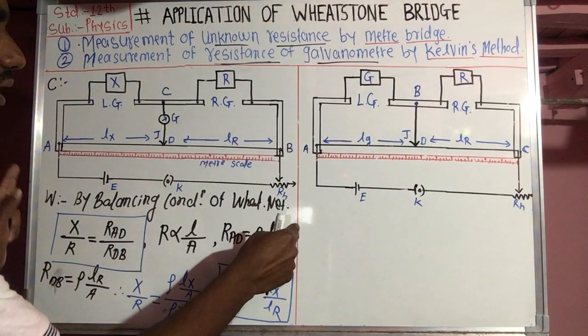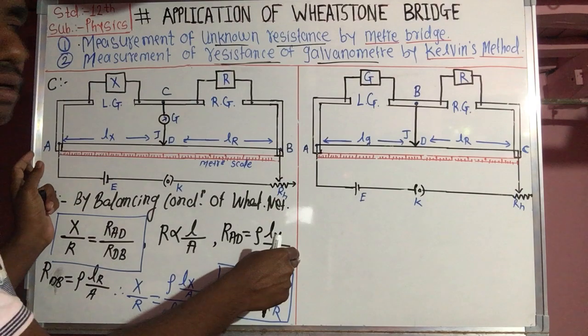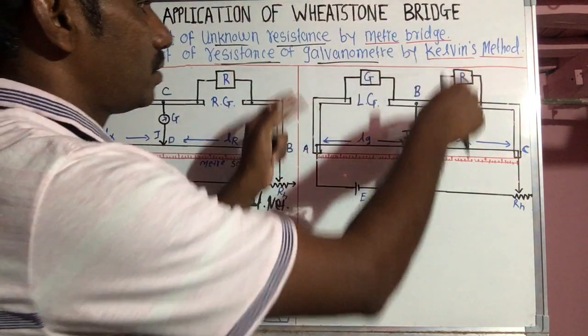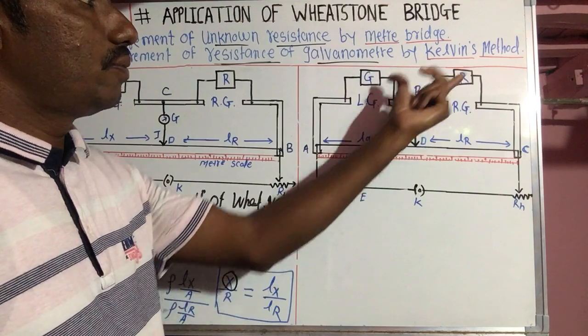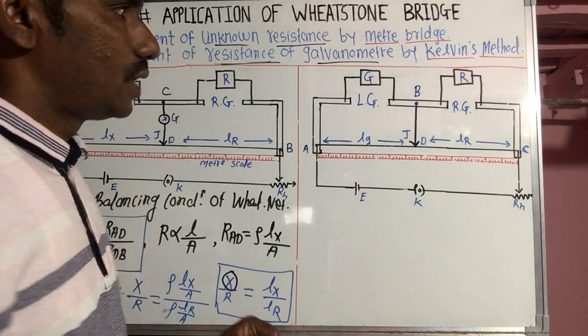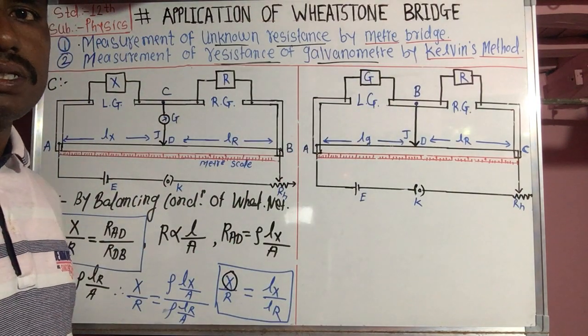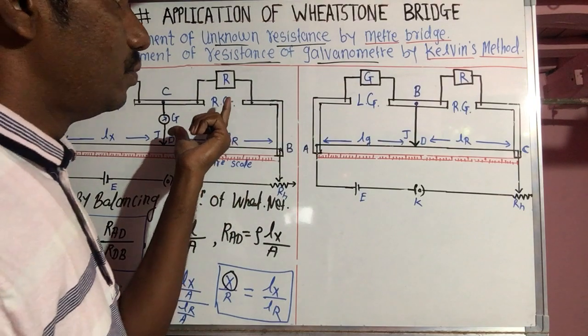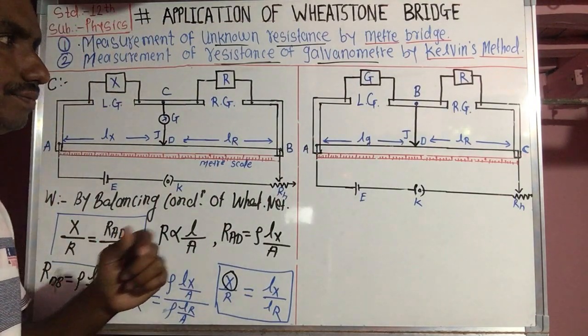Actually in our syllabus there is only this concept, but to understand Kelvin's method, we compare these two. These two are practicals, meaning we perform the same experiment in our laboratory.